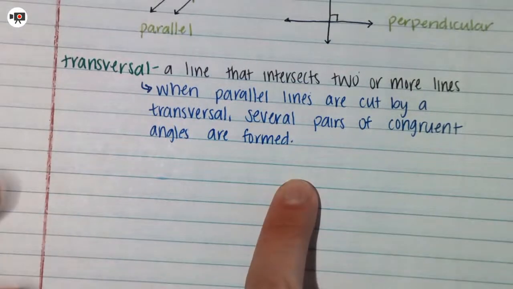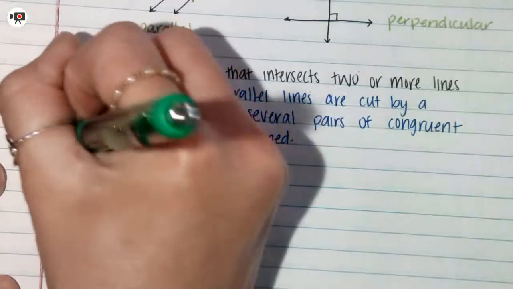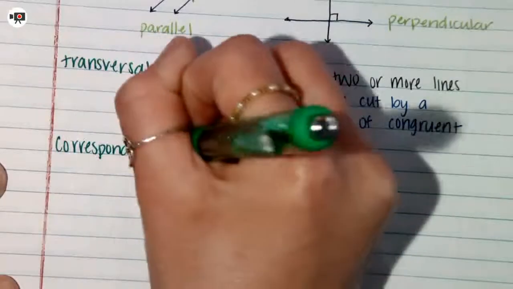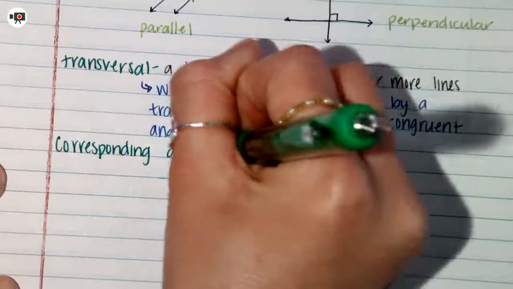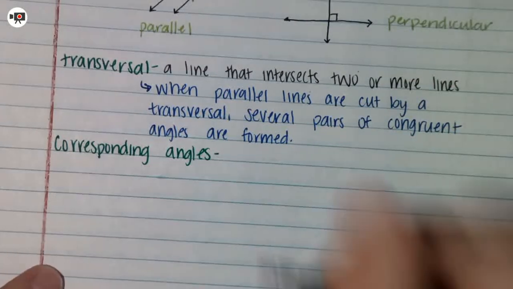Part of these congruent angles would be corresponding angles. And corresponding angles are angles that are in the same spot in reference to the transversal.